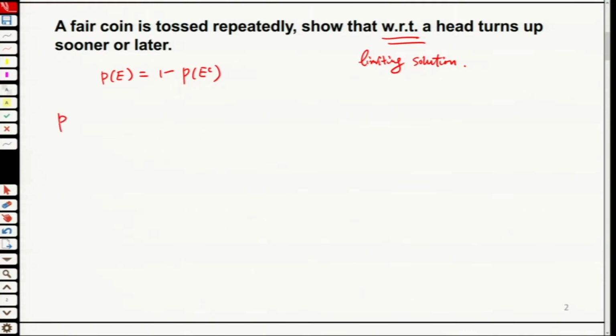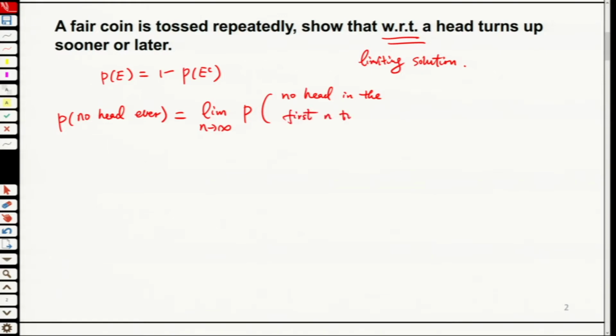So let's look at the probability that there is no head forever. What is this probability? This will equal the limit as n goes to infinity of the probability of no head in the first n tosses.